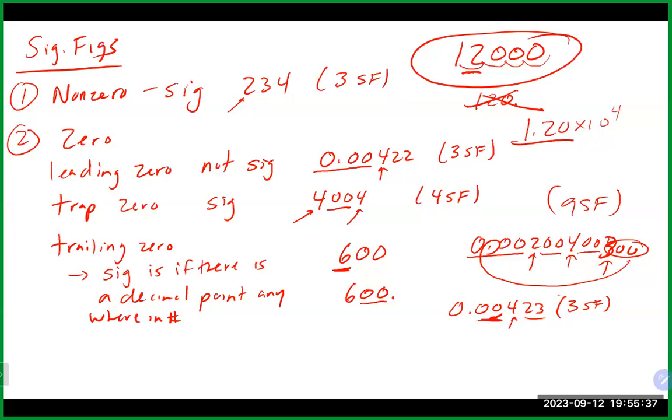It maintains what the value is, and that would be the proper way to do it. So that's what we were talking about earlier, that in some cases, the only way to give it to the right number of sig figs is to write in scientific notation. And speaking of rounding, normal rounding rules apply, right? 5 or above, we round up, and anything less, we drop off along the way.